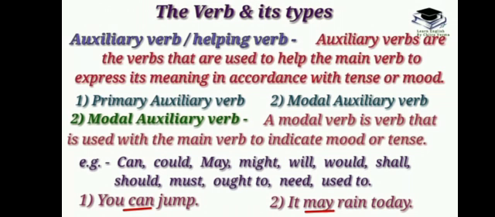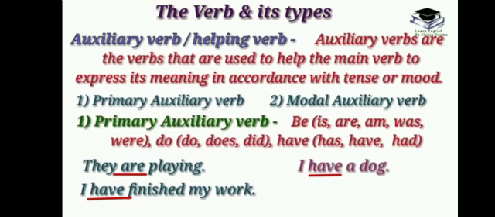Students, these primary auxiliary verbs are basically the forms of be, do and have. This is to be remembered very attentively: primary auxiliary verbs, that is helping verbs, can be of three types, forms of be, do and have.